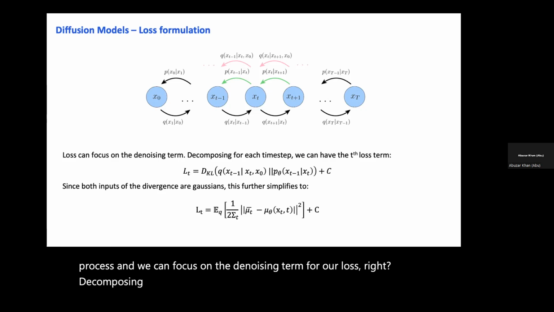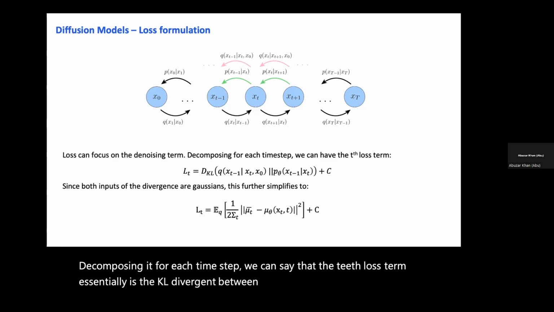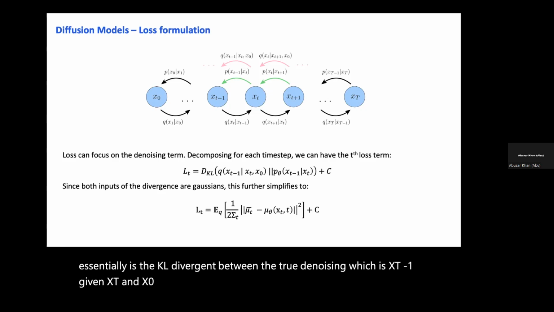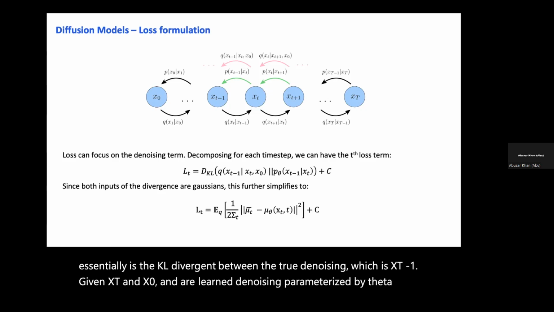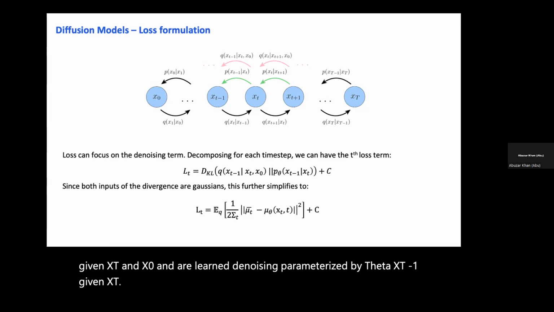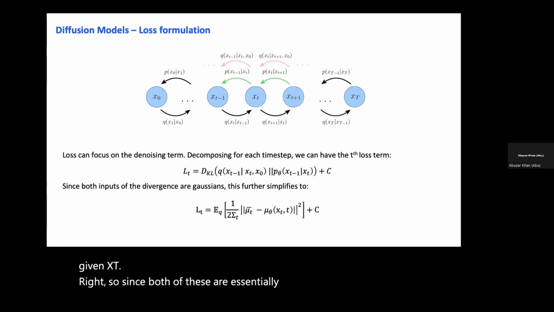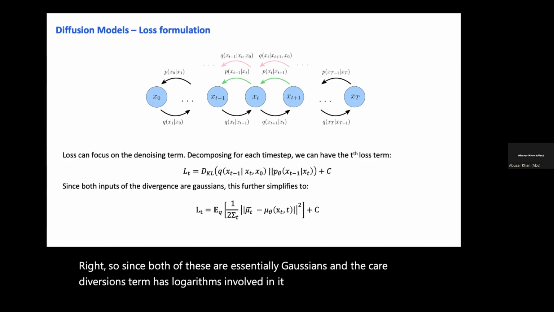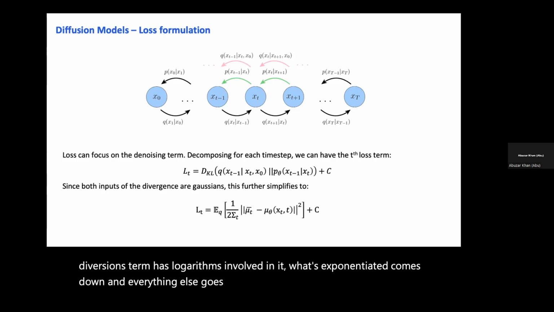Decomposing it for each time step, we can say that the tth loss term essentially is the KL divergence between the true denoising, which is xt minus 1 given xt and x0, and our learned denoising parameterized by theta, xt minus 1 given xt. Since both of these are essentially Gaussians, and the KL divergence term has logarithms involved in it, what's exponentiated comes down and everything else goes into a constant c.